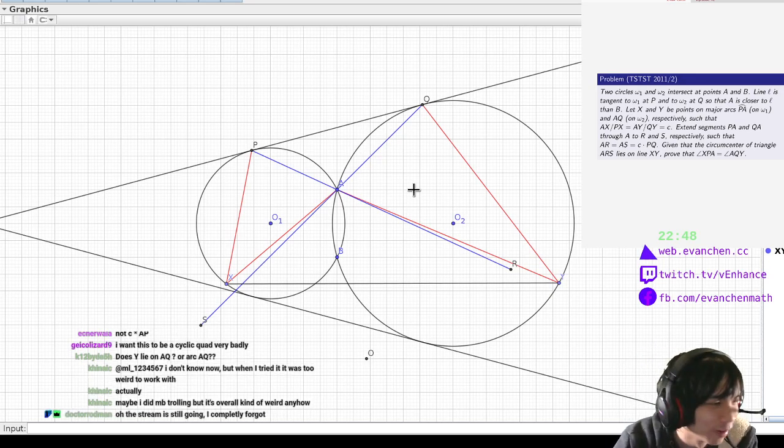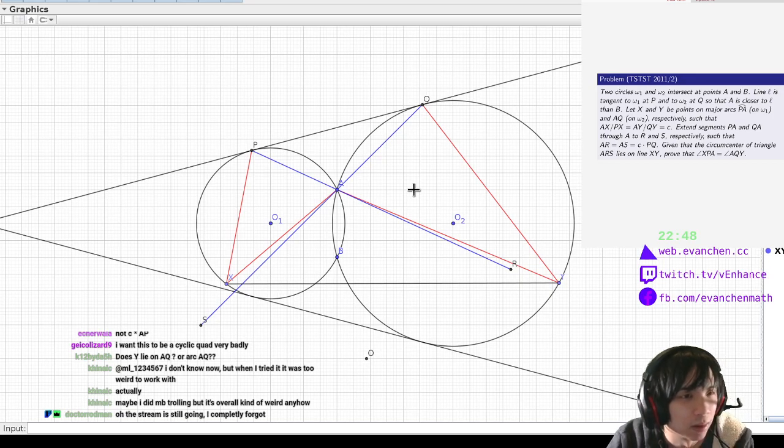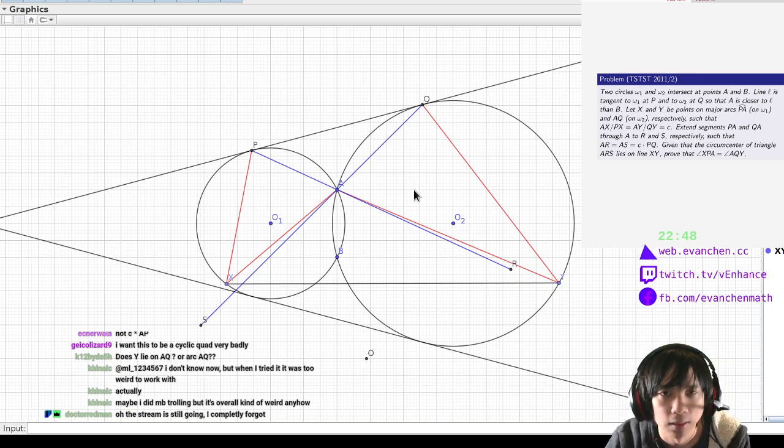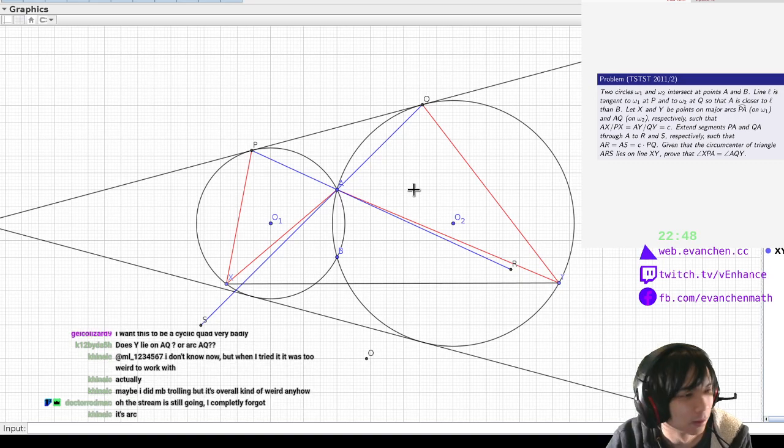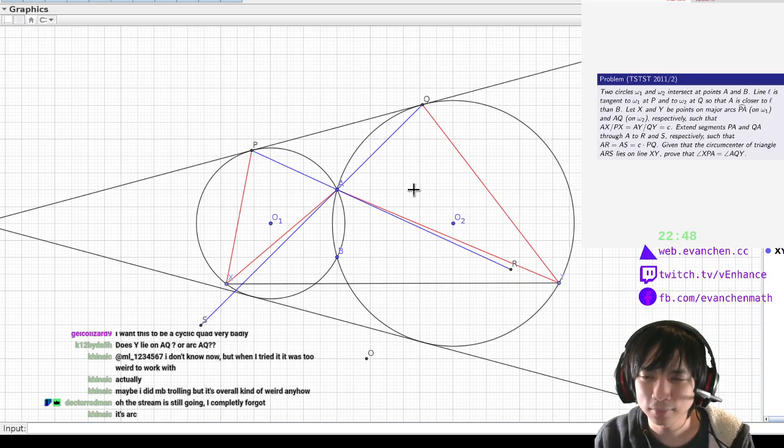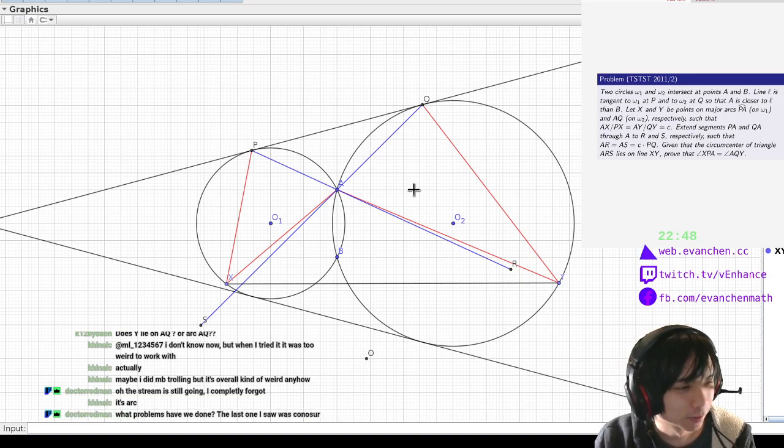Does Y lie on AQ or arc AQ? It should be arc, I think. The heck is this condition? I should have done the Mexico problem. We did Connoisseur and 2004.